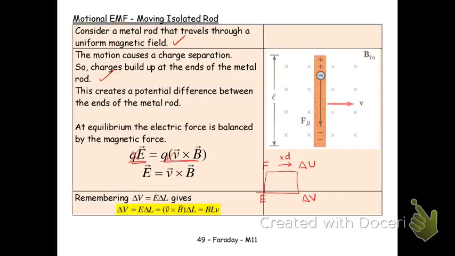And if we want to go from electric field to electric potential, we multiply by distance. So if I get E and I multiply it by a distance, I get change in potential. And my change in potential would be V cross B, that's my E is equal to V cross B from above, times L. And so I get BLV.